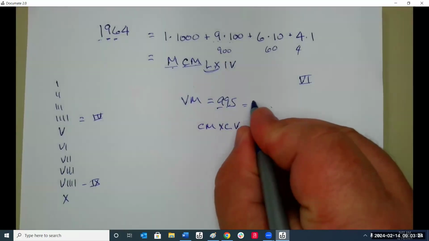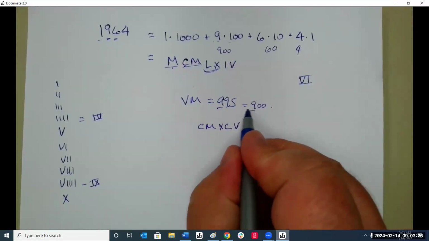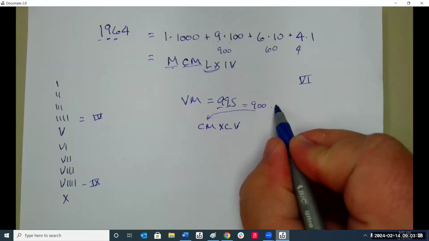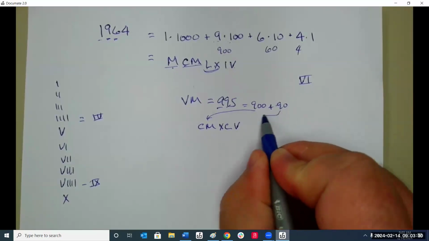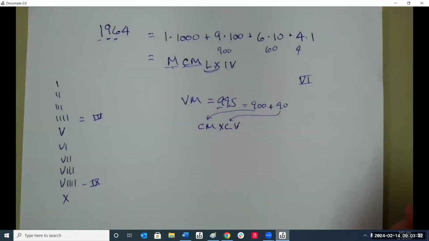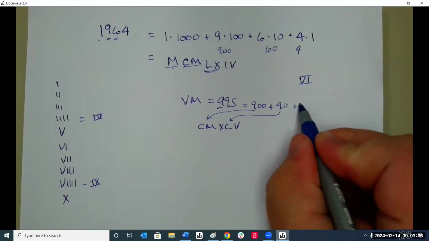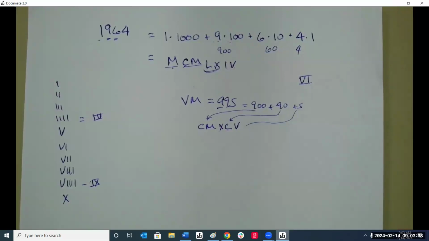So this is 900, which is made up of CM, plus 90, which is 10 before 100, and then 5. So in this case, this is where the Romans really invented subtraction. And they used it that way too.